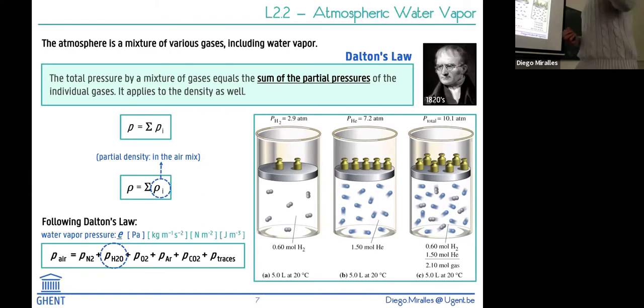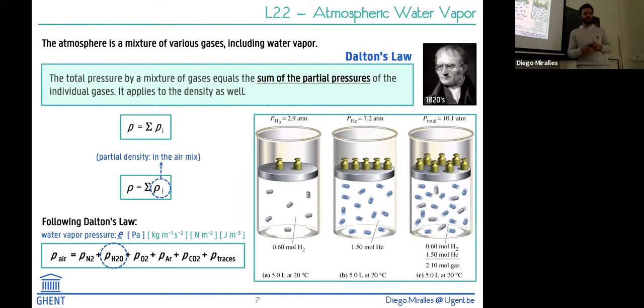So we know the atmosphere, the air, is a mixture of gases. One of those gases is water. The partial pressure of water is called the water vapor pressure, all right? So it's just a way of measuring humidity in units of pressure, nothing else.